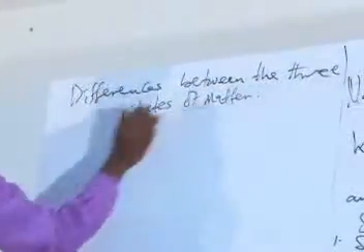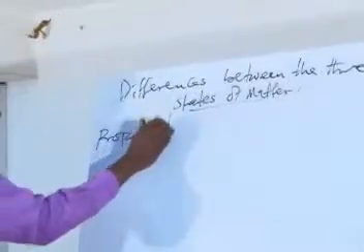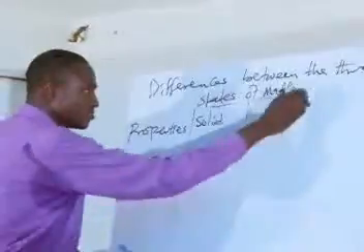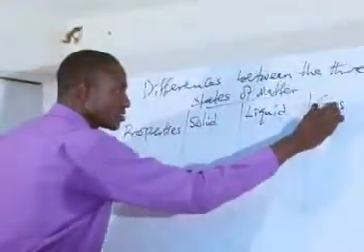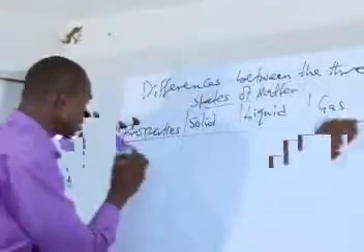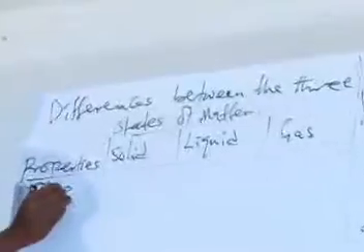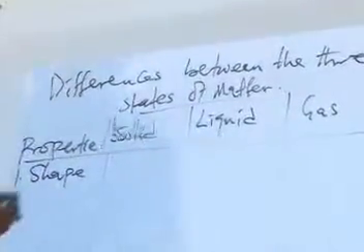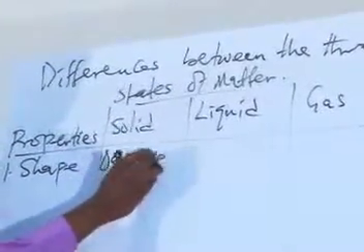I want to have it in tabular form: solid, liquid, and gas. The first property is shape. In terms of shape, the shape of a solid is definite or fixed.